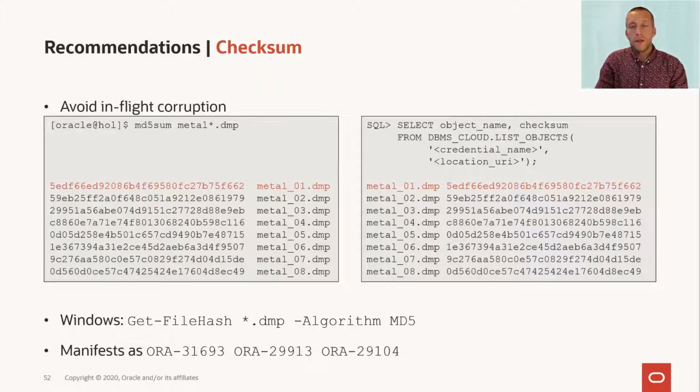In Linux, you can use the md5sum command to generate a checksum of the files, and you can compare that checksum to the checksum that you can get from the DBMS_CLOUD package, which calculates the checksum on the files when they are in the object store. If the checksum is the same, there is much less chance of corruption in the actual files.